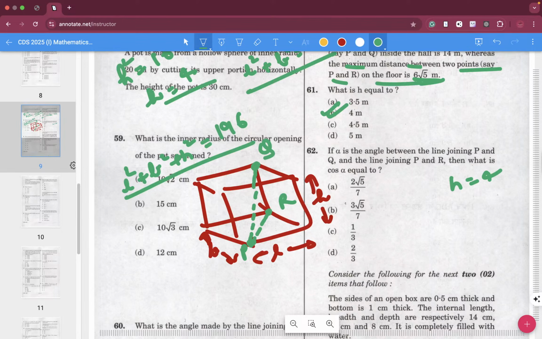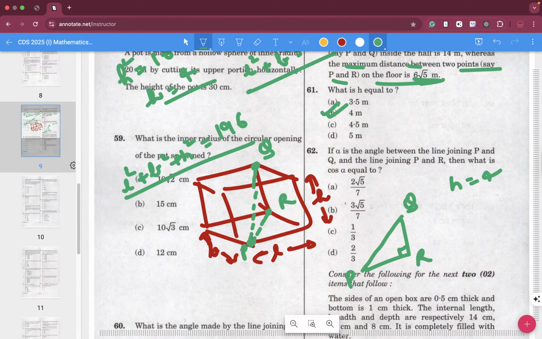So we are drawing PQR all over again. This is R, and over here it is a 90 degree, this is Q, this is P. Now they are asking what is cos alpha.